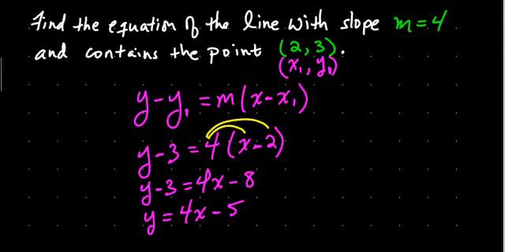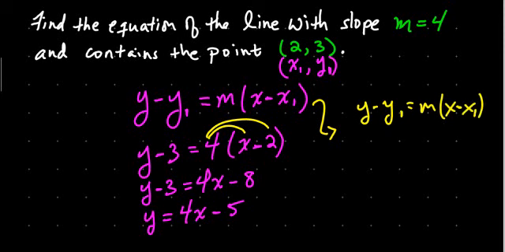And now, for this formula, a lot of students have trouble memorizing it, but if you know the slope formula, look at this thing. If I divide both sides, so let me just do it. So we have y minus y1 equals m times x minus x1. Divide both sides by x minus x1.